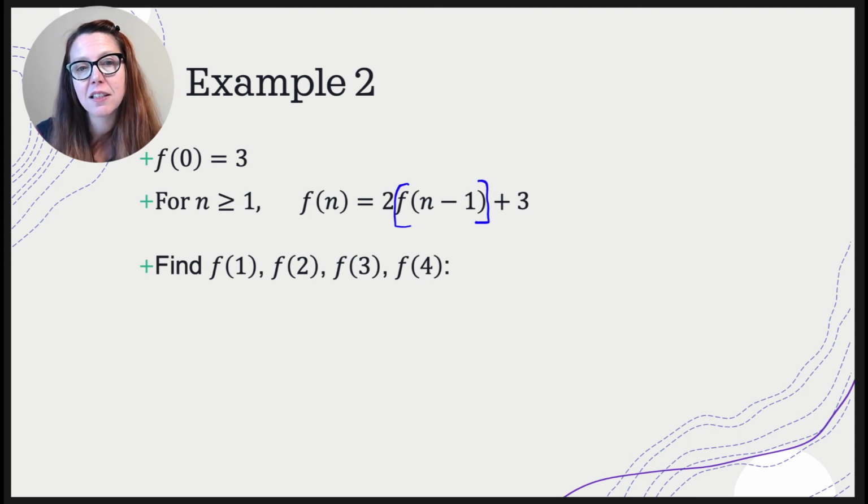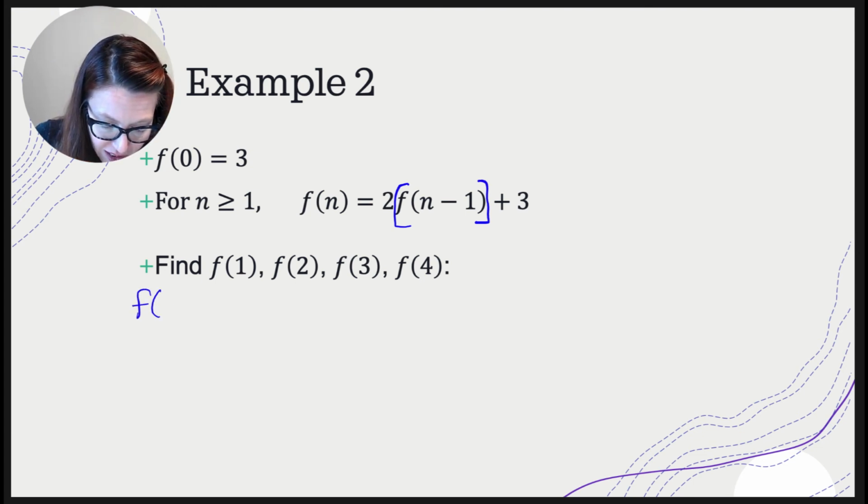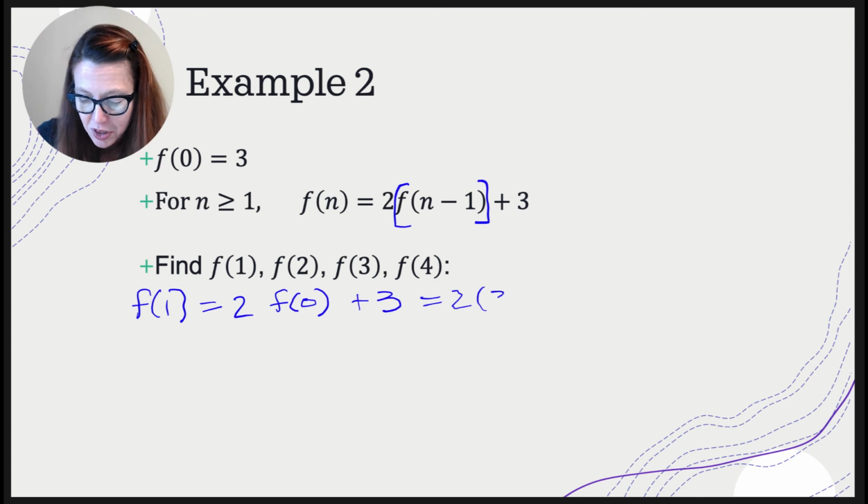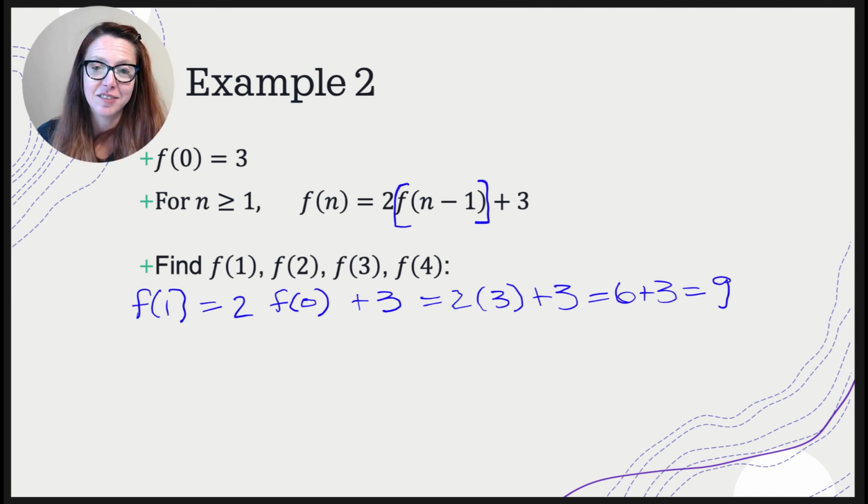So twice the number that came before it plus 3. So for f of 1, this is 2 times f of 0 plus 3, or 2 times 3 plus 3, which is 6 plus 3, or 9.